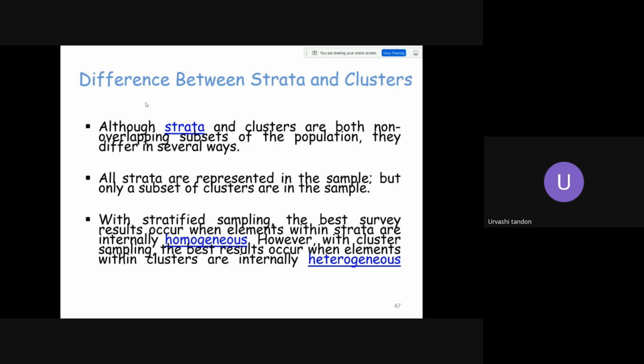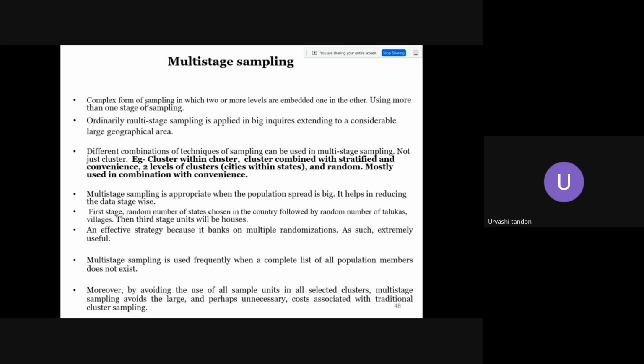However, with clusters, the clusters are heterogeneous. This is the one simple difference. If somebody asks what is the difference between strata and clusters, you can simply say in stratified sampling the strata are homogeneous, and in cluster sampling, they are heterogeneous.